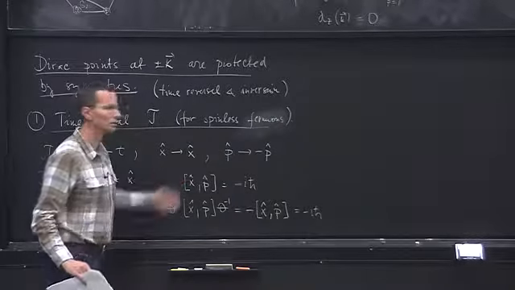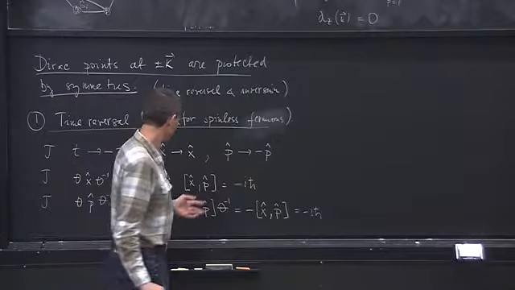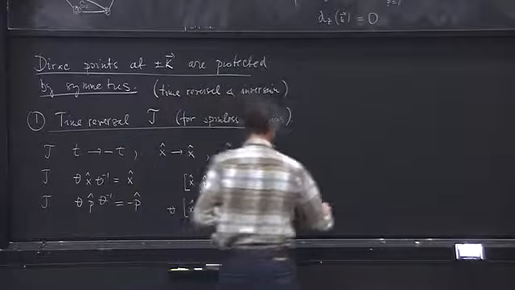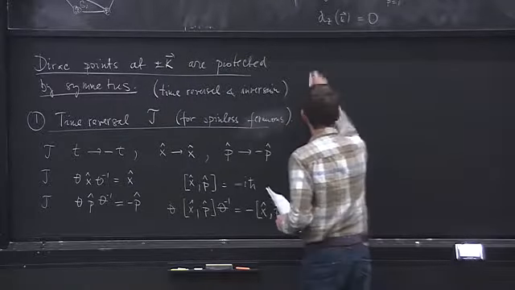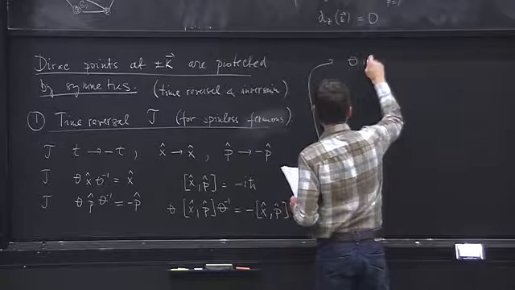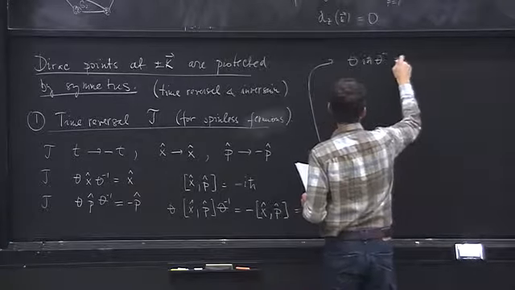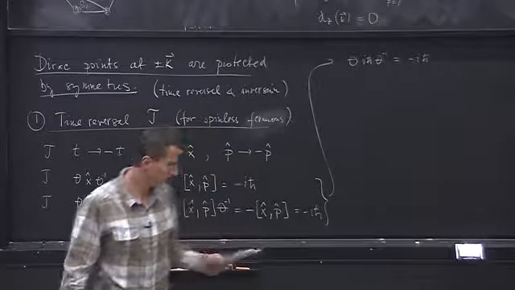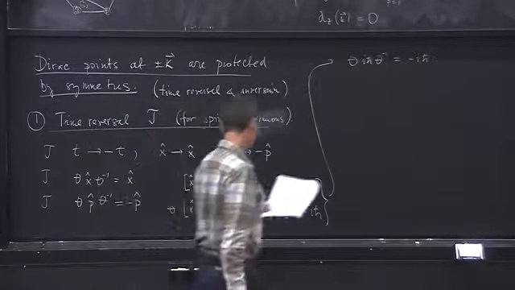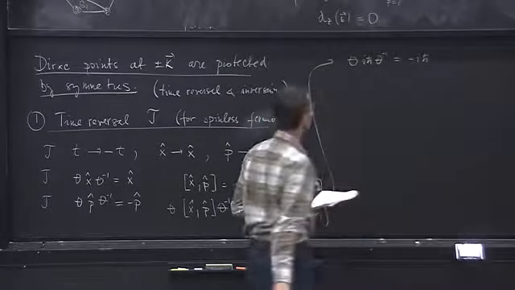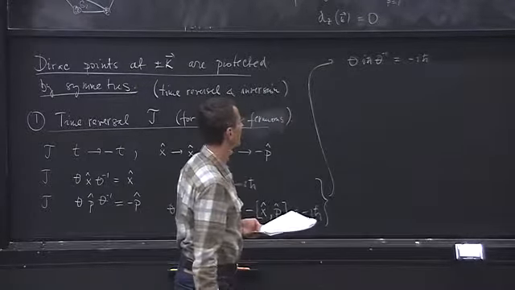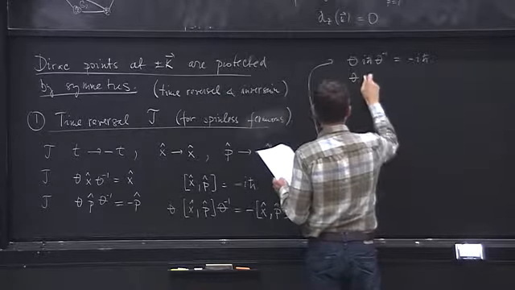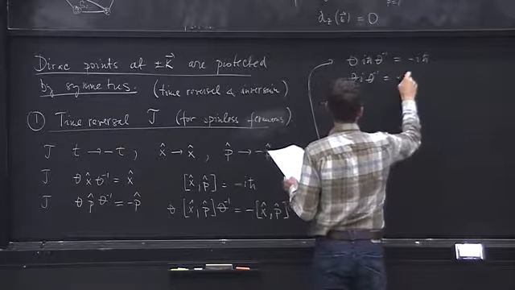If I compare the two, I come to the conclusion that the time reversal operator has to involve complex conjugation: theta i h bar theta minus 1 has to be minus i h bar. H bar is unlikely to change sign under time reversal, but i can. So I require that theta i theta minus 1 is minus i.